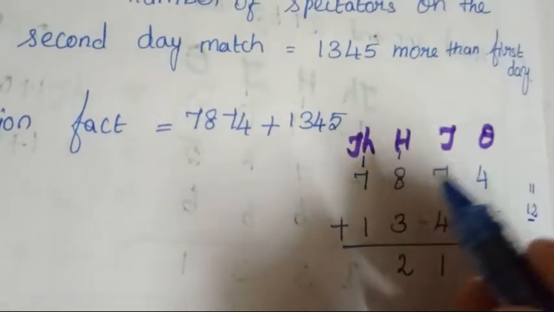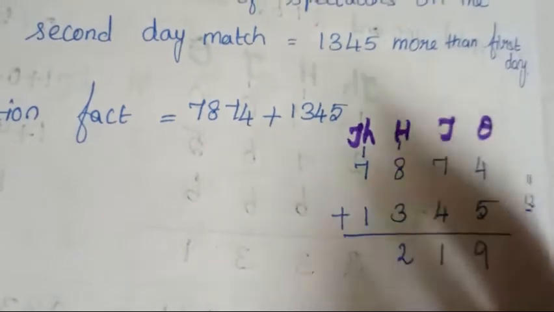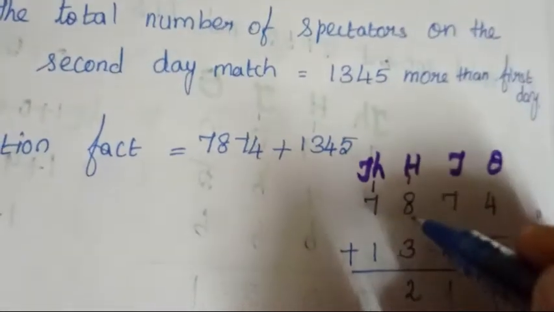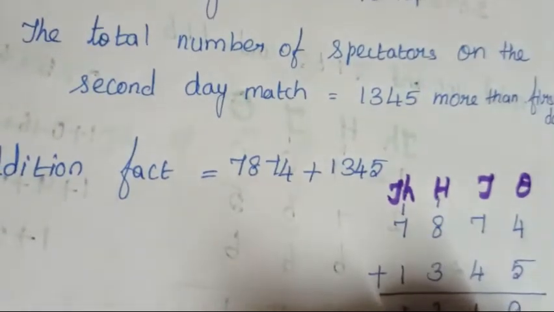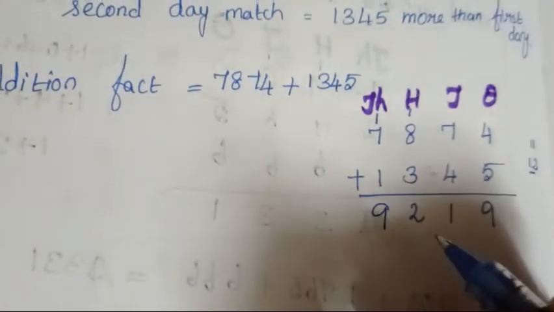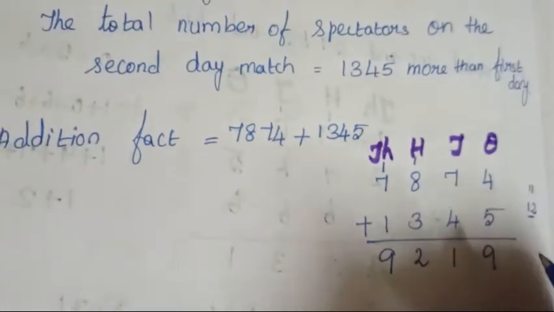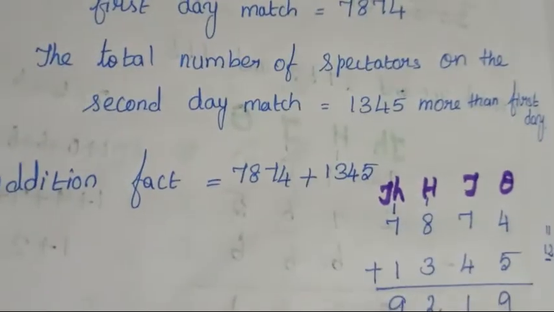Now you have to add the values in the thousands place, that is 1 plus 7 plus 1, which gives us 9. So the answer is 9,219 spectators on the second day match.